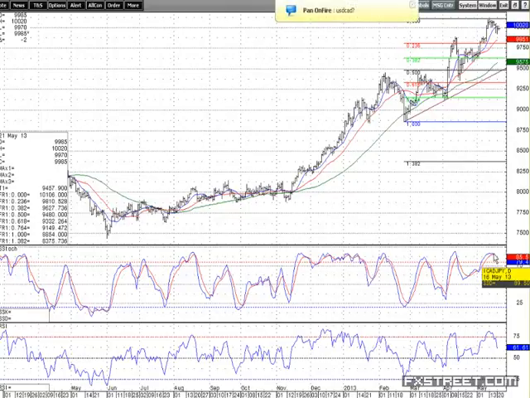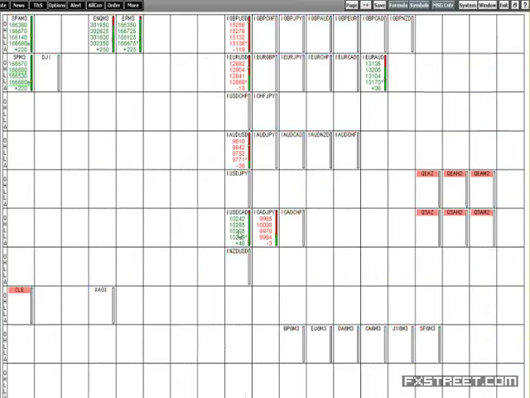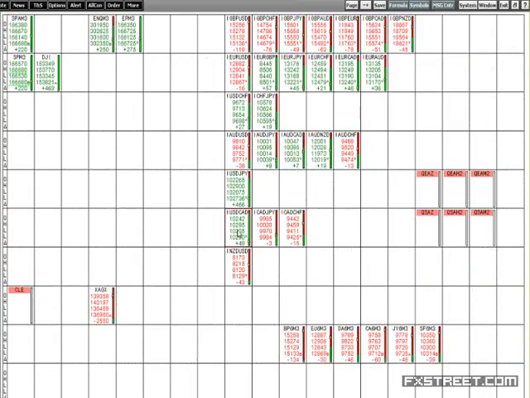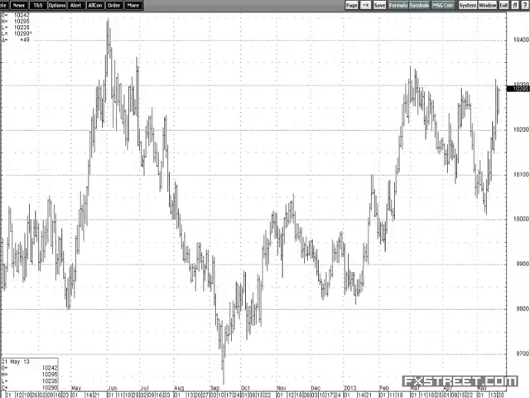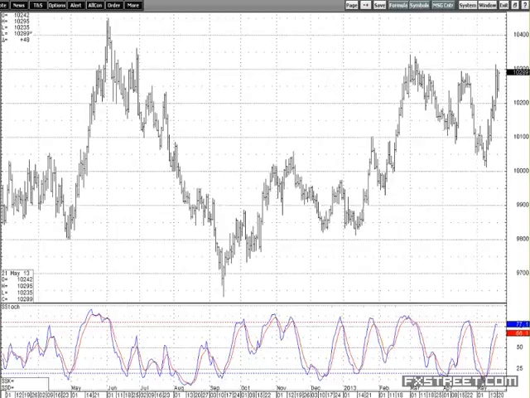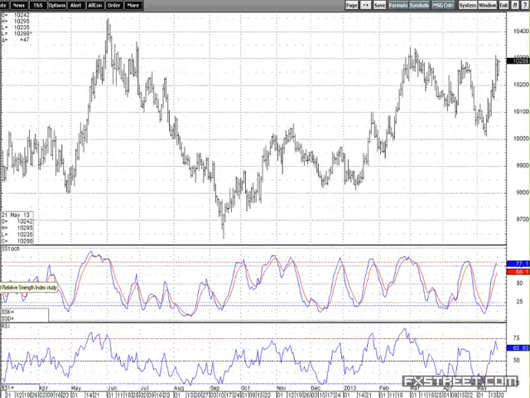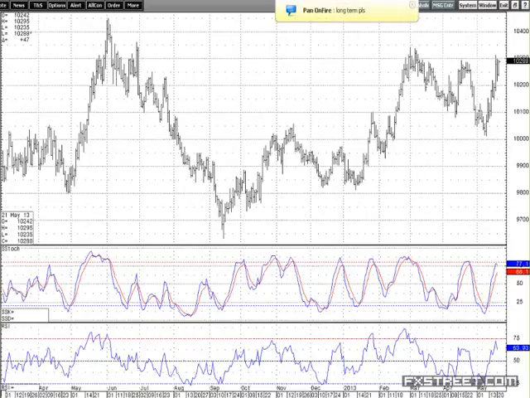Now, are there... dollar CAD. Do you know what? This is why I really love charts. I wish I had enough time in the day to actually go through them.